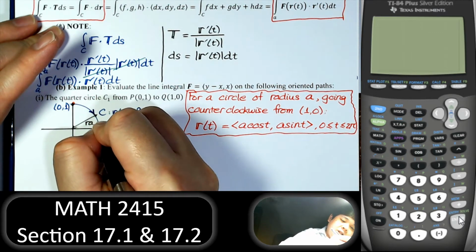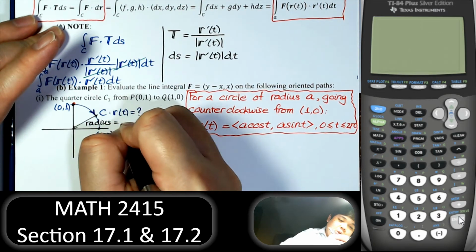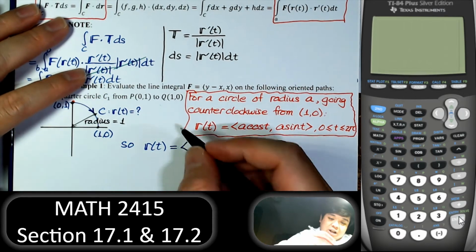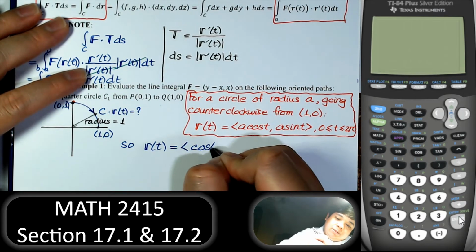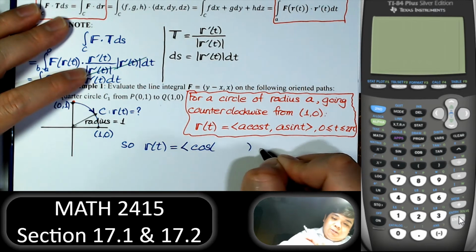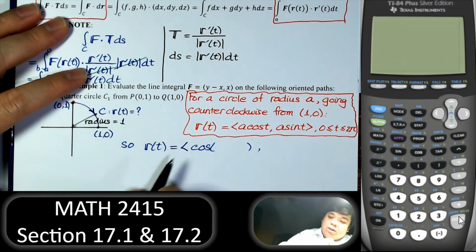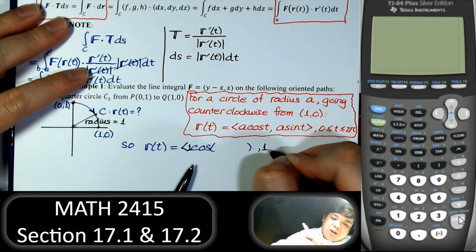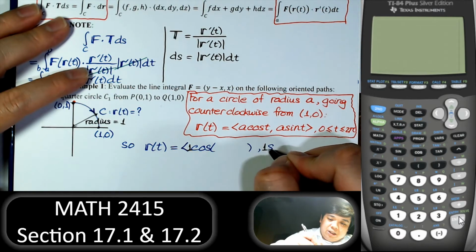So in this case, it's going to be cosine and sine for sure: 1 times cosine and 1 times sine of something.